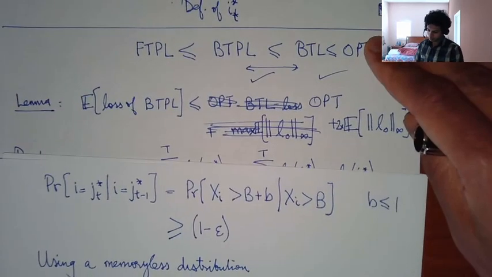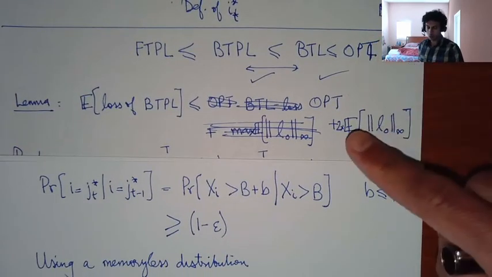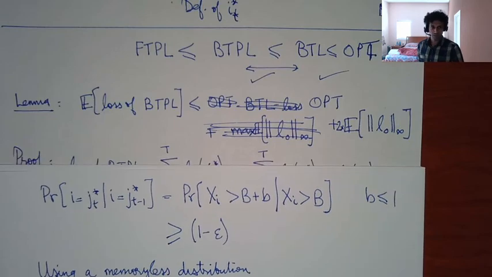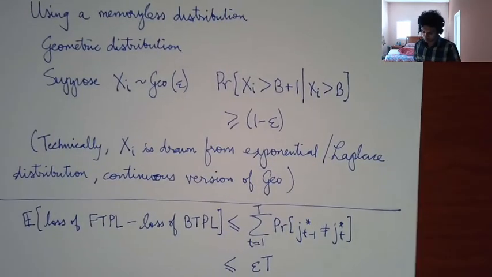The loss of be the perturbed leader was opt plus 2 times this infinity norm. So let's go ahead and write that down.